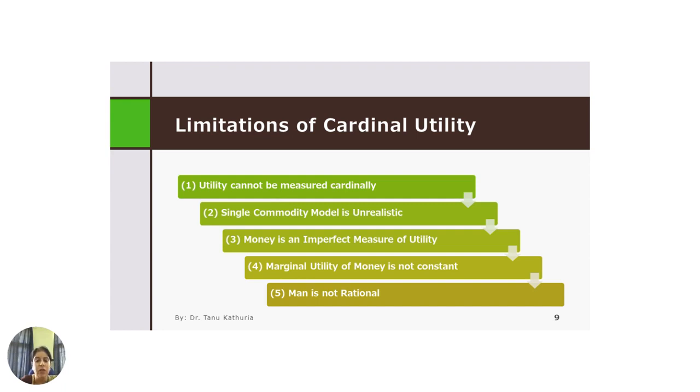The marginal utility of money is not constant at all. Nobody wants money to fall, and I always want more and more money. So my utility from money will never reach its maximum or fall, and hence money's utility will never be constant. Man is not rational.